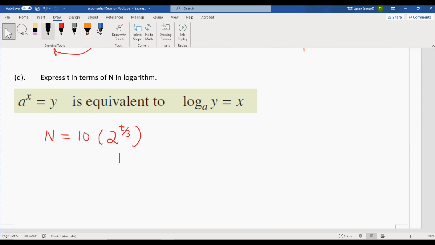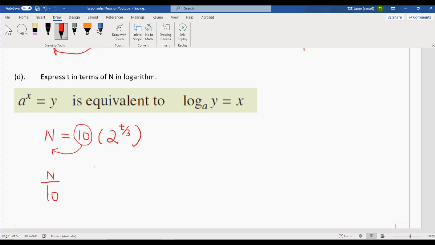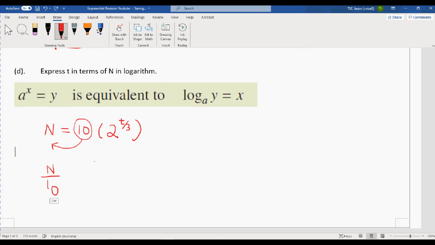Let's see. First, I need to move that 10 to this side. Why? Because I try to get a power function on one side, the rest of the thing on the other. So I will get n over 10 equals 2 to the power t over 3.